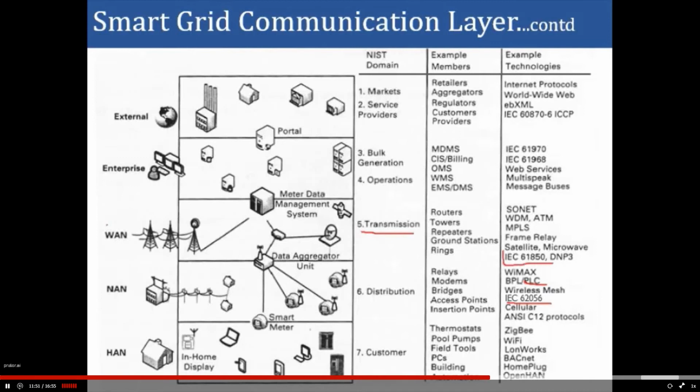So IEC 61850 and DNP3 are the two major protocols which we will discuss. These are the protocols used at the transmission level. 61850 is mainly used for substation automation, where the intelligent electronic devices interact with the enterprise applications using 61850.